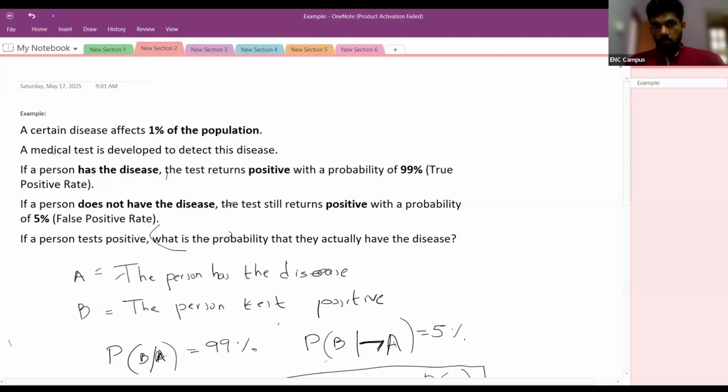Then we discussed probability, which is the percentage or likelihood for an event to happen. Then we discussed Bayes theorem, which is conditional probability: what is the probability of A happening given that B already happened? After B happened, what is the probability of A happening? That's what we discussed today.